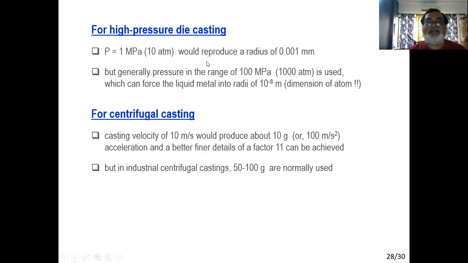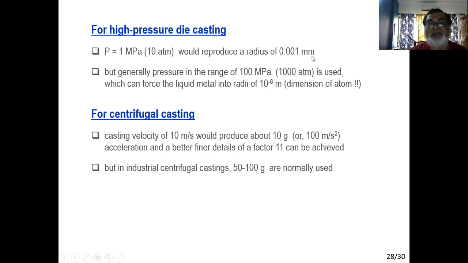For example, if you want to reproduce a radius of 0.001 millimeter, very small, very thin, the pressure required is about 1 megapascal, that means 10 atmospheres.